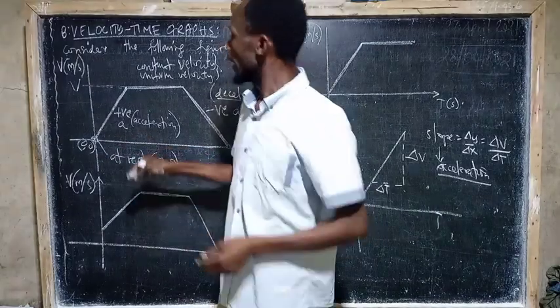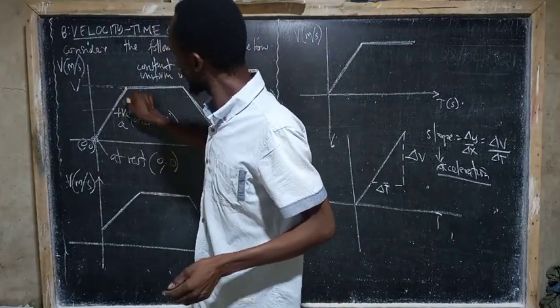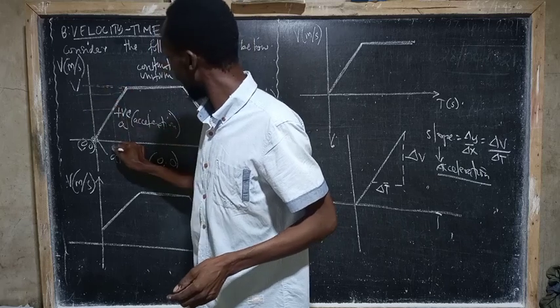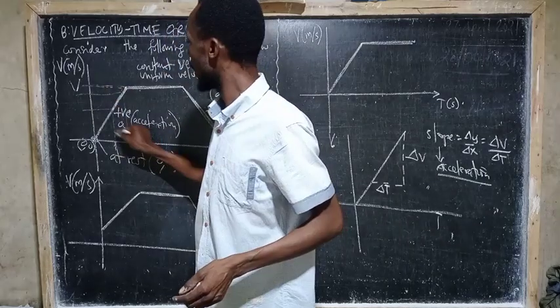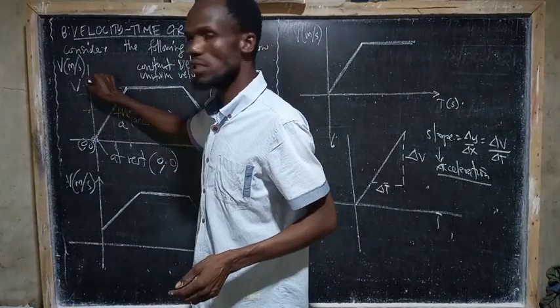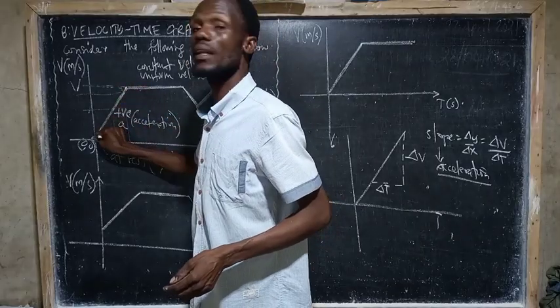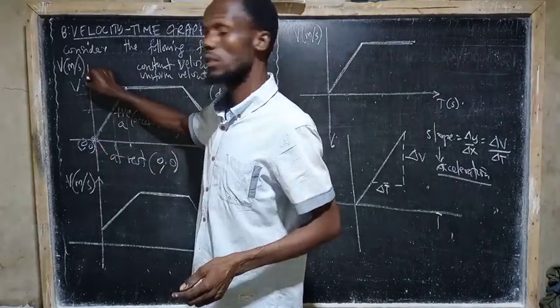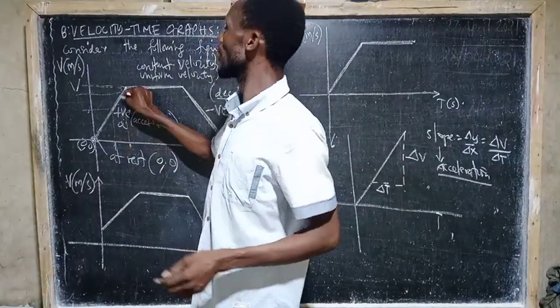Tafsiri yake ni kwamba ilikuwa inasogea, muda unasogea. Utaangalia time hii inaongezeka. Kutoka hapa mpaka hapa time imeongezeka. Kutoka hapa mpaka hapa velocity imeongezeka. Kulikuwepo na increase in velocity na kulikuwepo na increase in time. Na ndio maana hapa ilikuwa ina attain acceleration, kwa sababu kuna change in velocity, alafu kuna change in time. Maana yake the rate of change in velocity, hiyo tunaita acceleration.